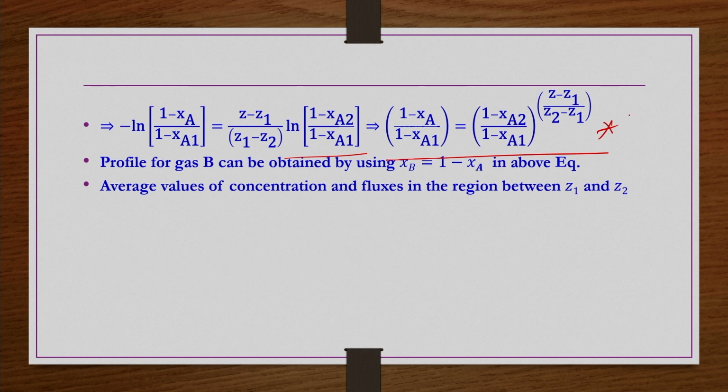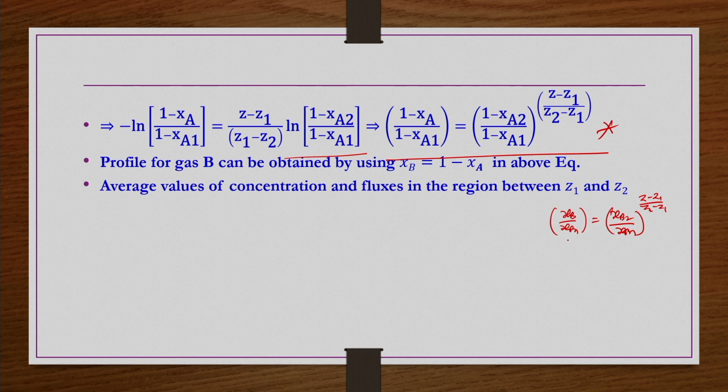Now if you write this equation for B, XB divided by XB1 is equals to XB2 divided by XB1 whole power of (Z minus Z1) divided by (Z2 minus Z1). This is what we have, right.